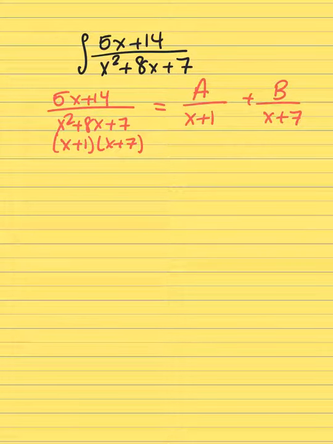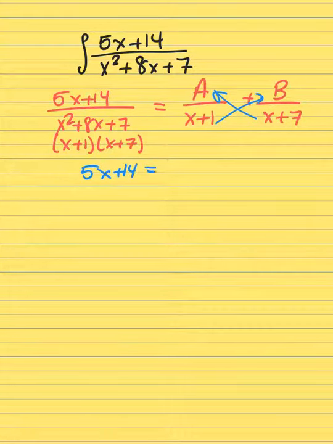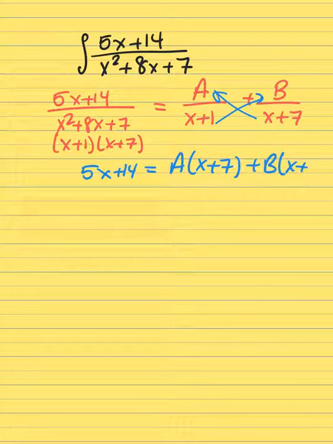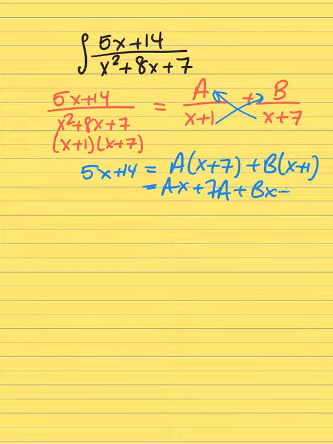Then we're going to cross multiply to get the numerator. So 5x plus 14 equals A times (x plus 7) plus B times (x plus 1). Distribute: Ax plus 7A plus Bx plus just B. Everything with an x goes together, so that's (A plus B)x.